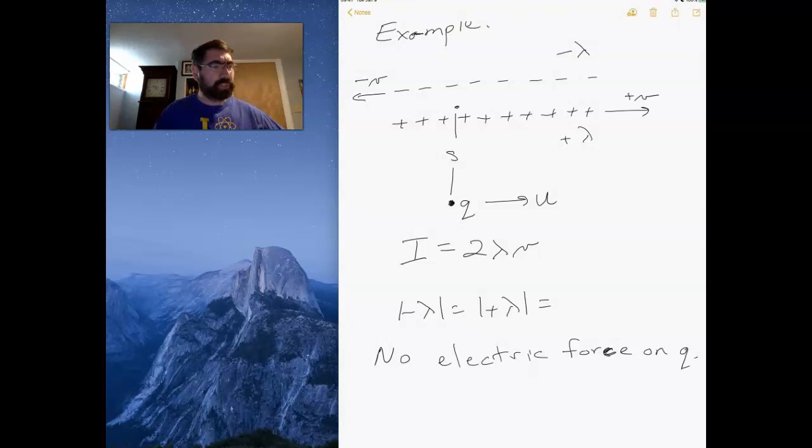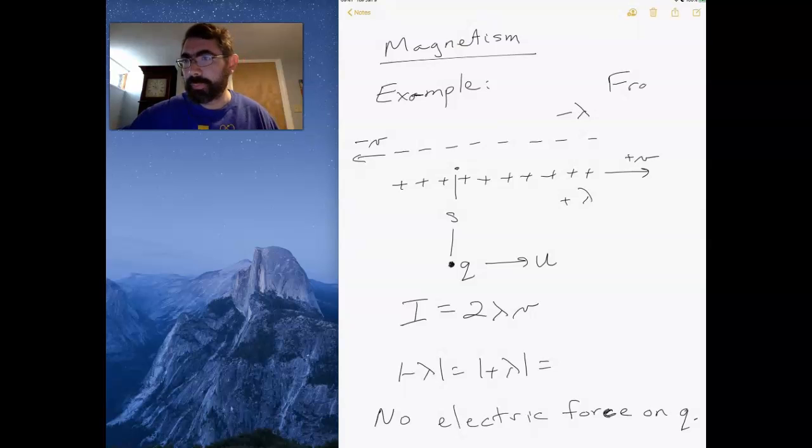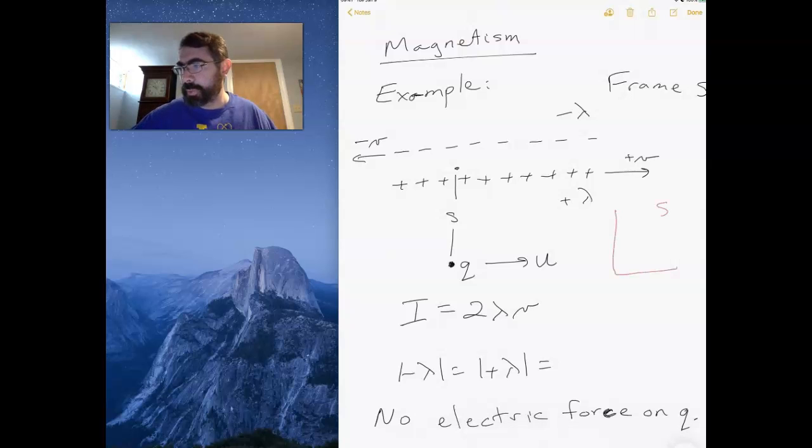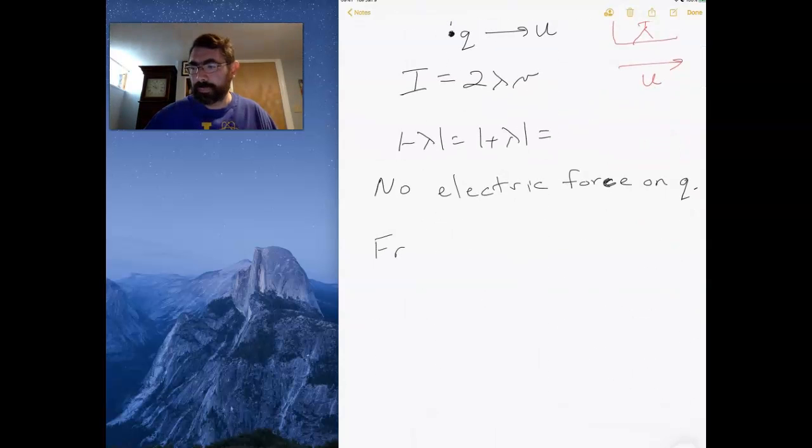Okay. So let's look a little bit deeper at this. This situation is going to be frame S. Frame S has declared itself to be at rest, with all of these charges moving relative to frame S. Now I could put myself in a different frame, frame S bar, which is moving with a velocity u relative to frame S. If frame S bar matches velocity with the point charge q, then from the perspective of S bar, q is at rest.